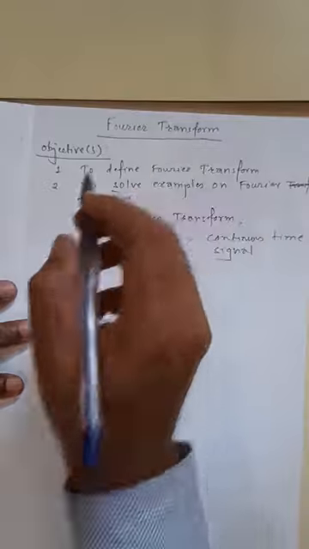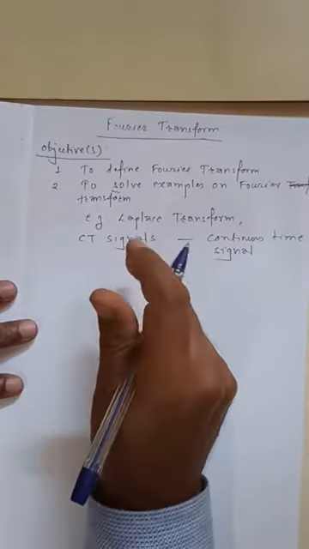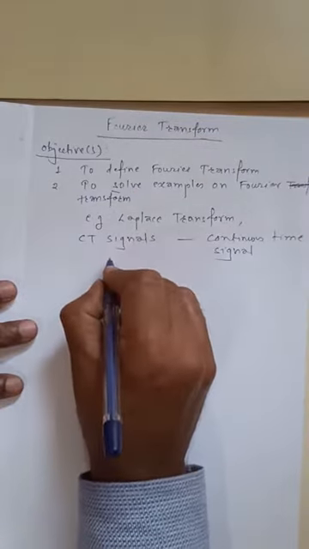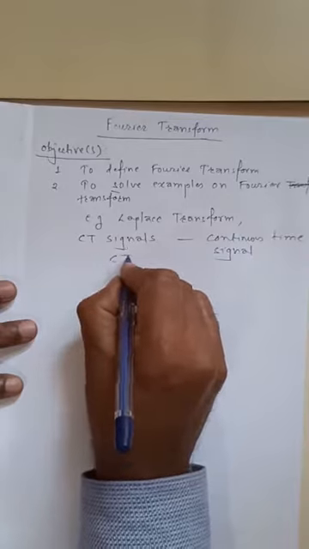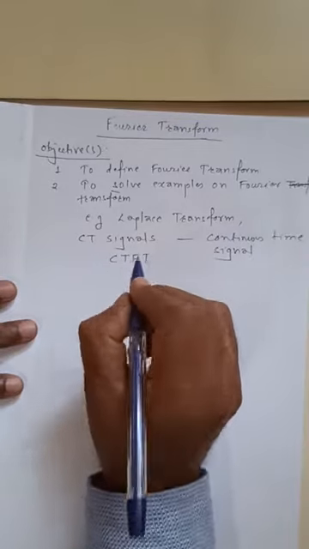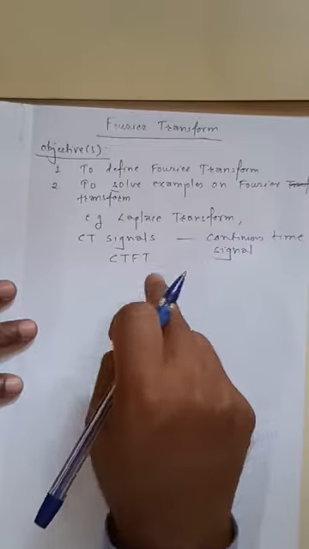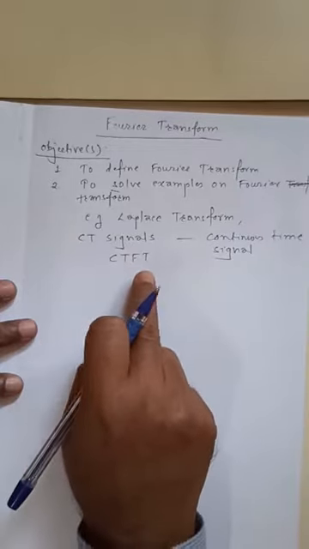Now this Fourier transform, as it is related to the CT signal, is also called CTFT, that is continuous time Fourier transform.